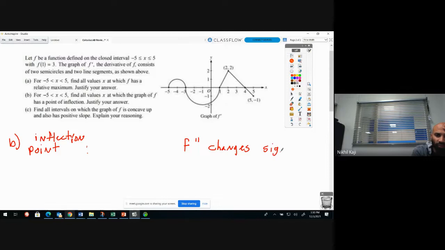So when it's saying justify, that's what I'm writing over here. This is my justification. F double prime changes signs. So let's see where it changes signs. How do we know that? So F double prime is the slope of F prime.